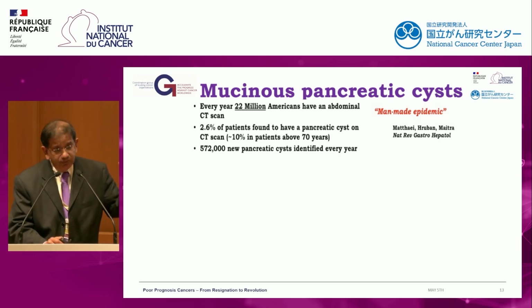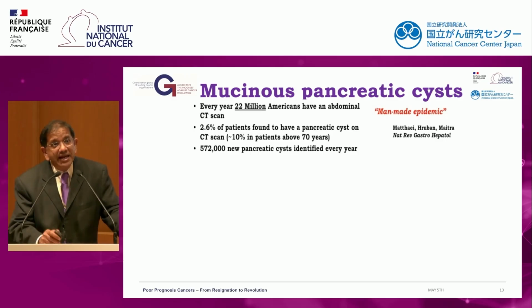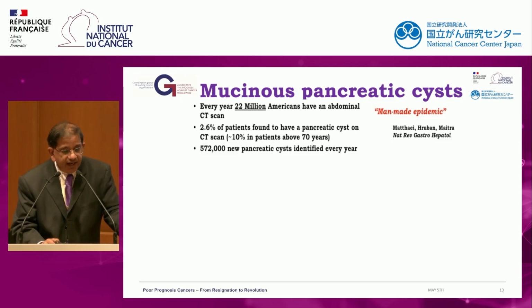Nowadays, we do close to 40 million scans in the US. We do a lot of CT scans in the US for not very important reasons always. And there's a lot of people walking around with these silent cysts in the pancreas. So in fact, we wrote a review a few years ago where we called it a man-made epidemic. And it truly is. It's driven by us doing so many scans.